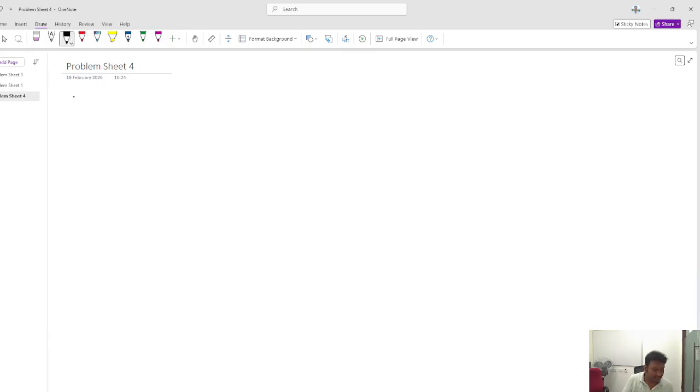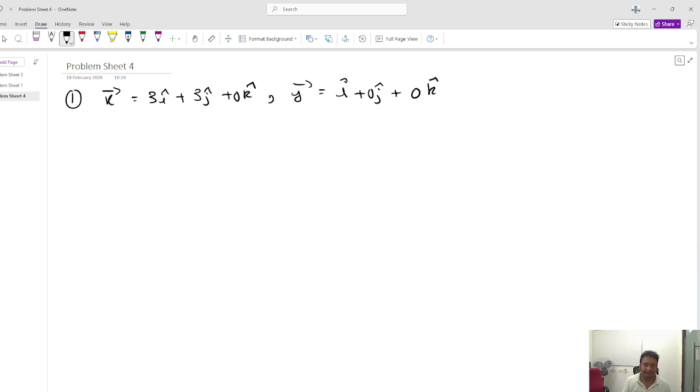The first problem is you're given two vectors. X vector is 3i cap plus 3j cap plus 0k cap, and y vector is i cap plus 0j cap plus 0k cap. So you have to find the angle between them.